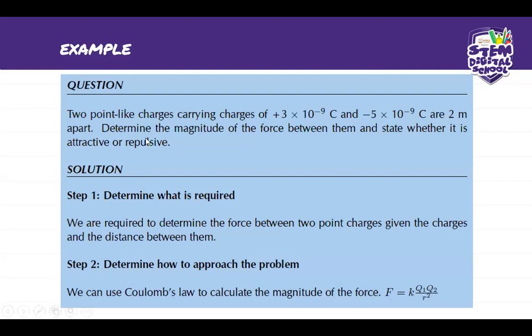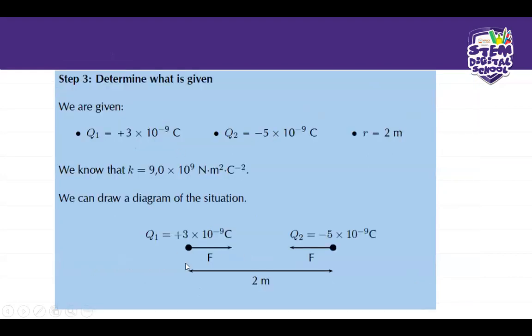So we already know the answer to attractive or repulsive. This one is positive and this is negative, so the force will be attractive. So we have point charges, and we use Coulomb's law with the Coulomb constant, which is this one here. So we are given all of this, and we can draw our free body diagram to show the force directions.